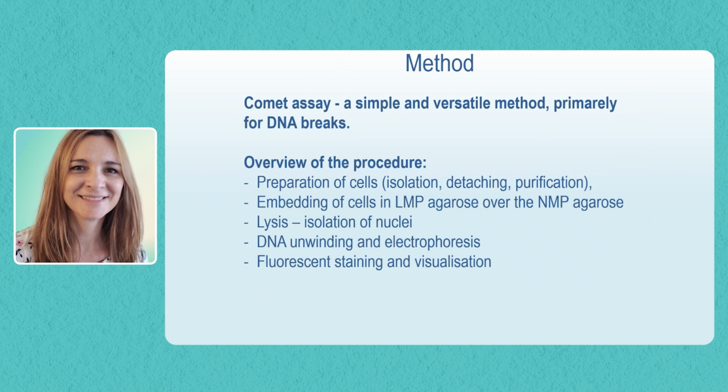I know that Amaya is having a presentation on Comet Assay, and I won't steal the show, but I just want to give you a short overview just so you can follow me.